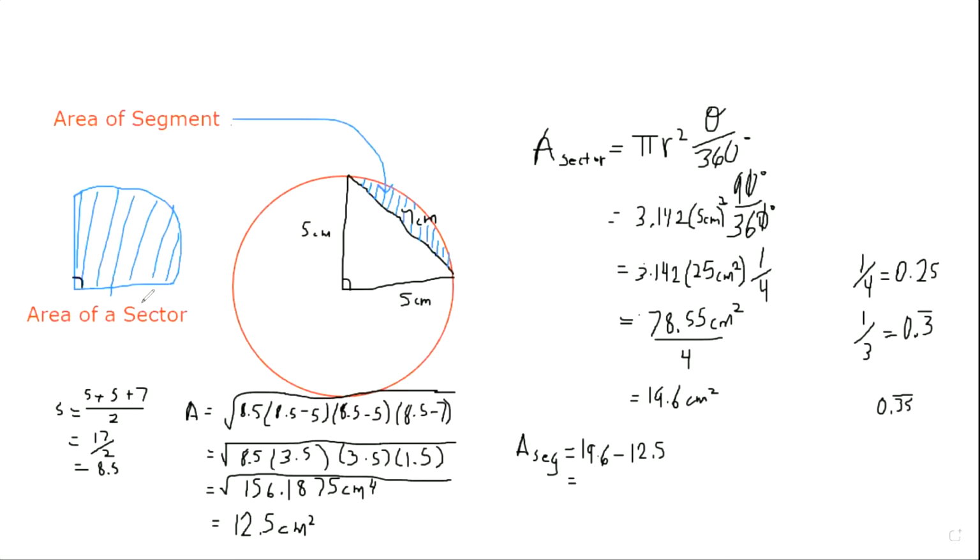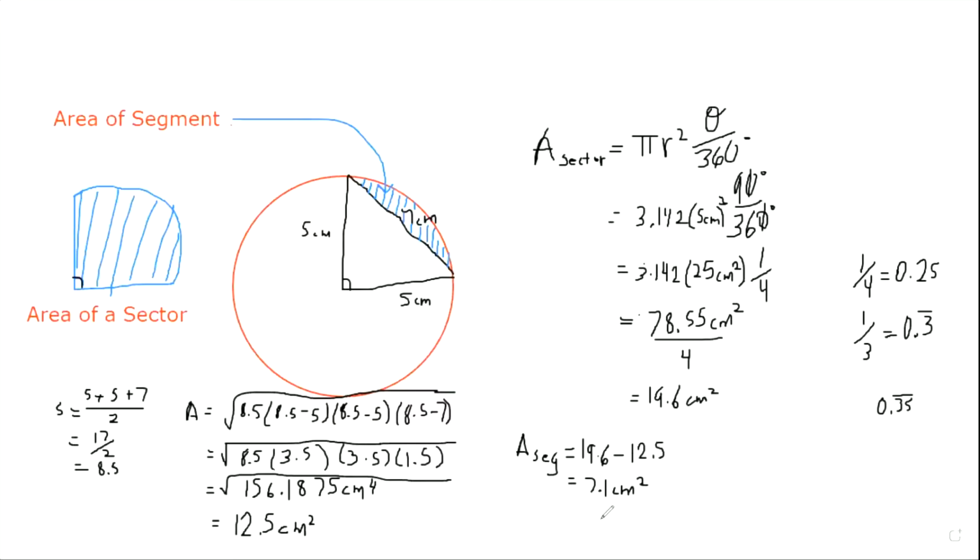All right, so I'm going to go ahead and subtract that. What do you guys get? 7.1. All right, we'll stop at 7.1. We're not looking for a length, we're looking for area. So we can say 7.1 centimeters squared.